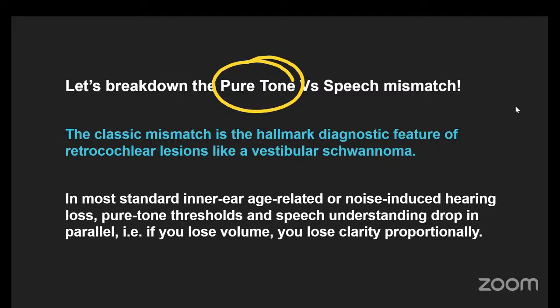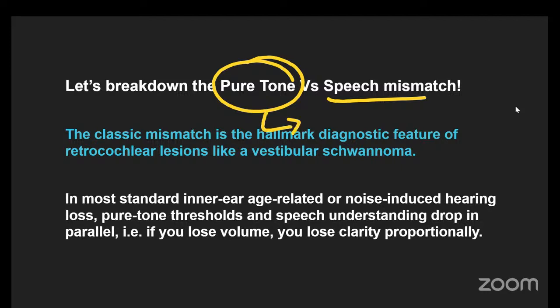Like the beep you hear when you pick up the phone, the old school phones, and there's this tone, that is the pure tone. The speech is, I think, self-explanatory. Some set words are going to be there, and the classic mismatch is the patient will be able to pick up on pure tone, the single beeps.